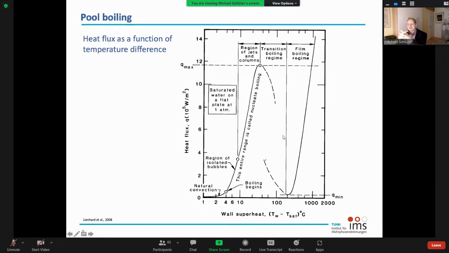And this is a dangerous situation, because very often we use evaporation in cooling systems for chemical processes, or think about the nuclear power plant. And of course, it's extremely dangerous if suddenly the heat transfer performance breaks down and the temperature of the wall gets so hot, because it happens very fast.